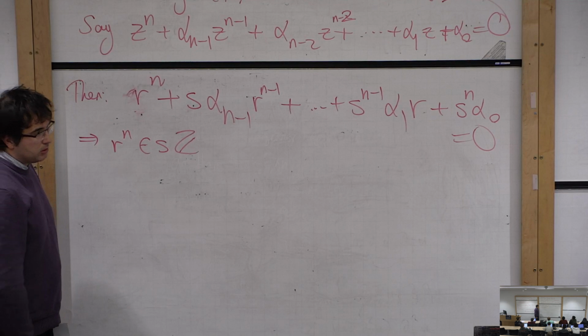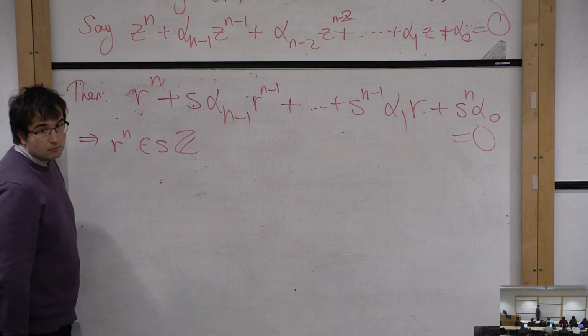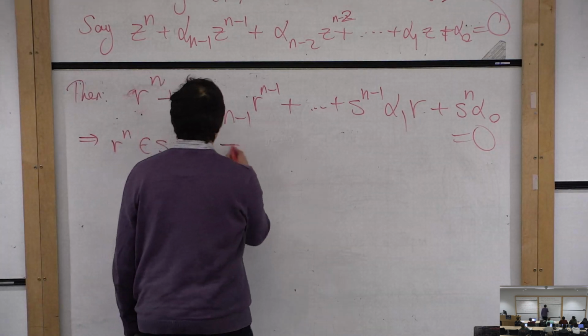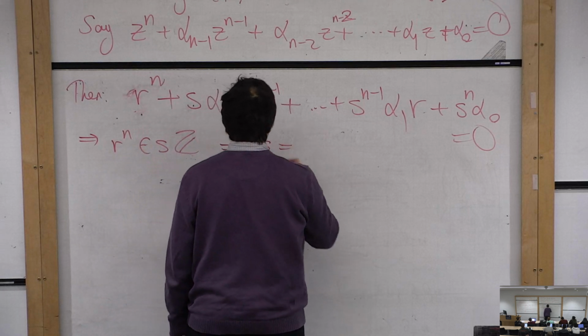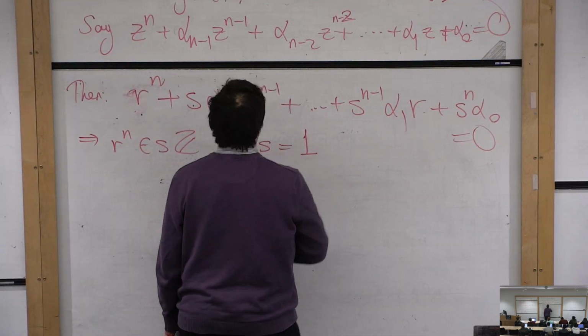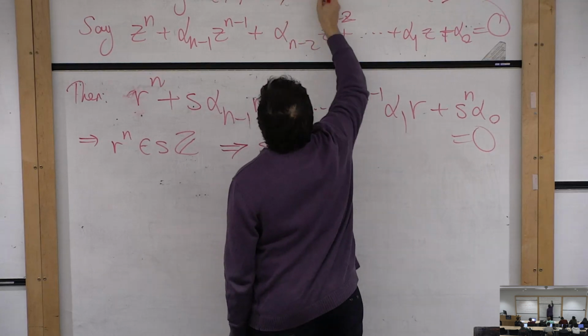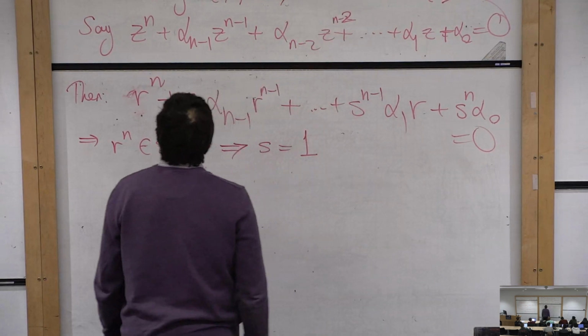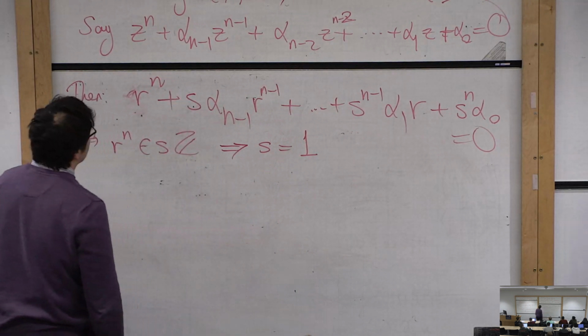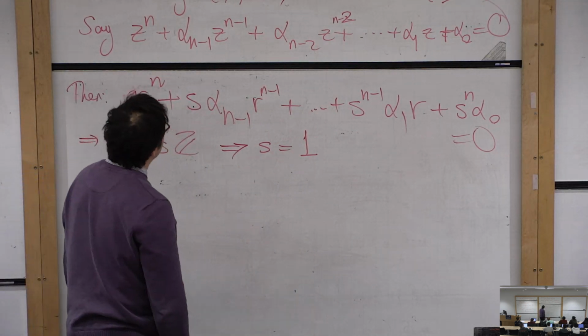So the only way this is possible is that s is 1. Good. So the only algebraic integers which are rational numbers are actually honest integers.